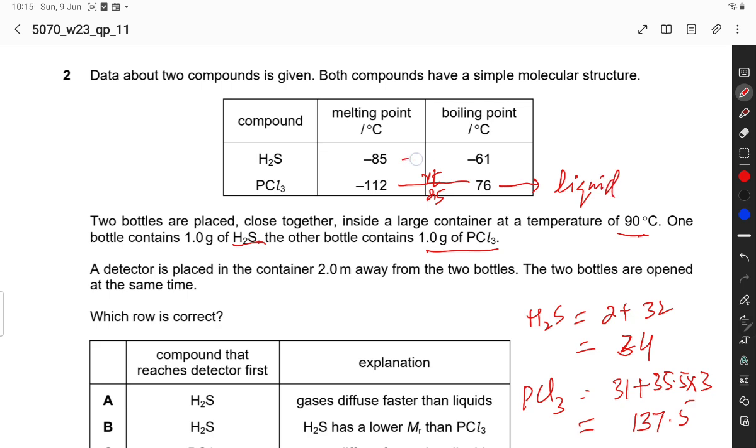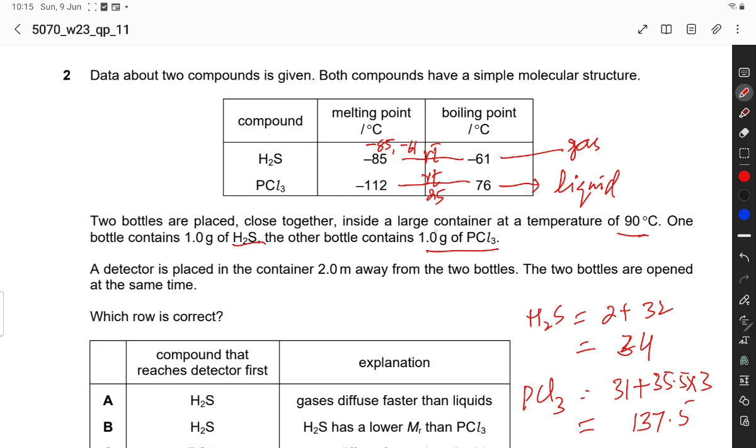If melting and boiling points are both below room temperature, like minus 61 and minus 85, it exists in gaseous state.